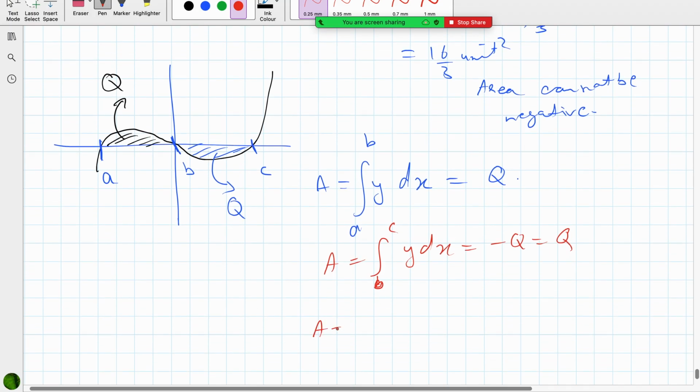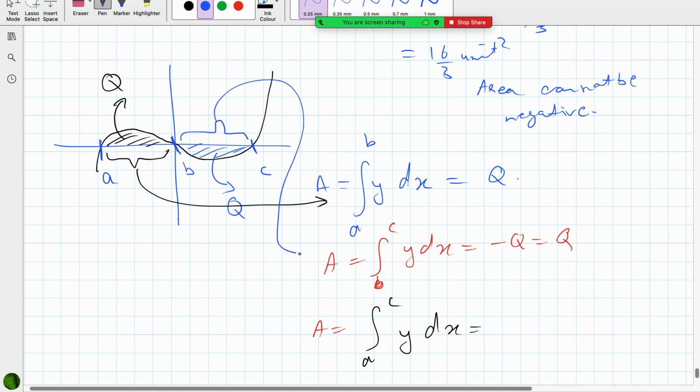And if we perform integration from A to C, I'm slowing down here. Before I write the answer, I want you to compare the previous two. From A to B, we are talking about this part. From B to C, we're talking about this part, and now at the end we are talking about this whole collective.